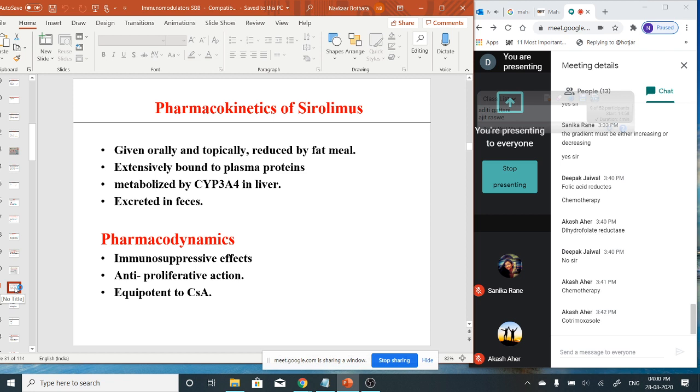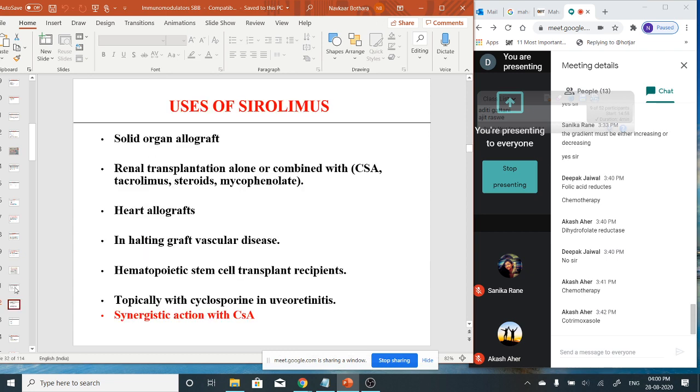Then immunosuppressive effects are there. Anti-proliferation action is there, and it is equally potent to that of cyclosporine. So it is used in solid organ allograft. It is used in renal transplantation alone or combined with other agents.